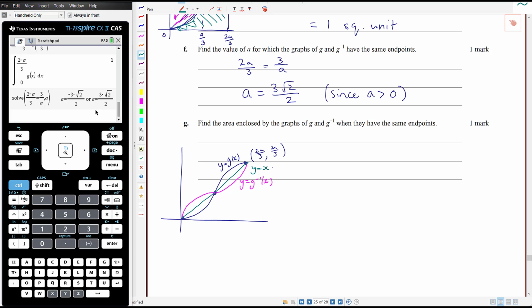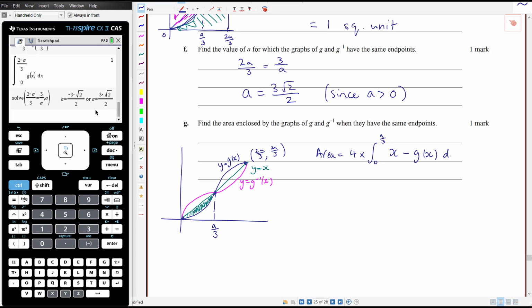The area enclosed by the graphs of g and the inverse of g when they have the same endpoints, we could think about it in a couple of different ways. We could probably just find this bit of area here and multiply it by 4. So we already know that that is going to be halfway along, at a/3. And so therefore the area is going to be 4 lots of the integral from 0 to a/3 of x minus g(x).